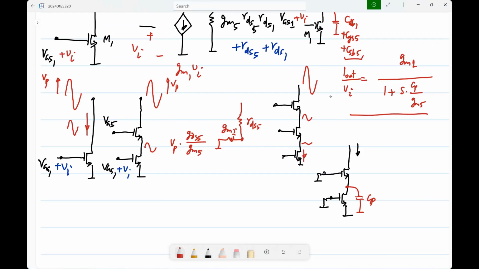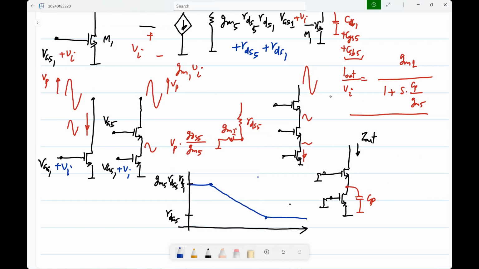RDS5, yeah. The output impedance will be RDS5. So you expect that it starts from approximately GM5 RDS5 RDS1 and ends up at RDS5. Okay. So the first order system, it has to be like that, right?